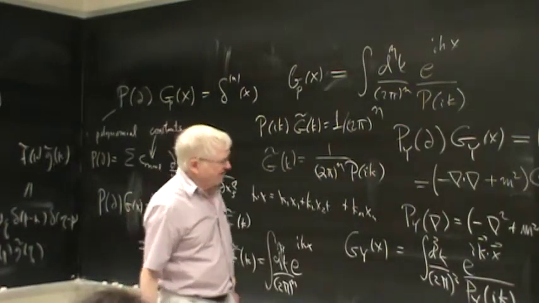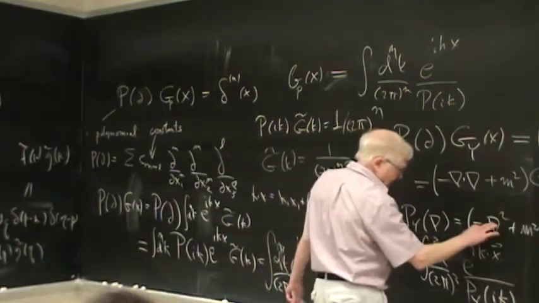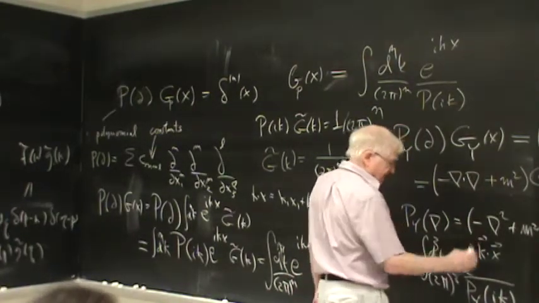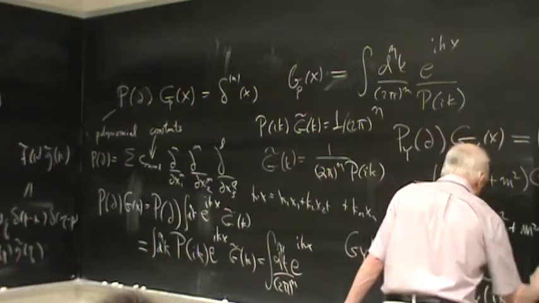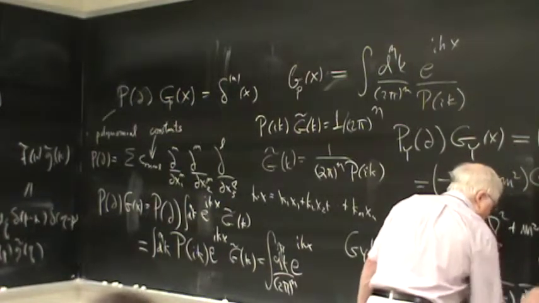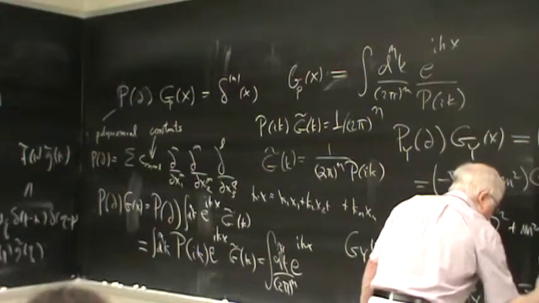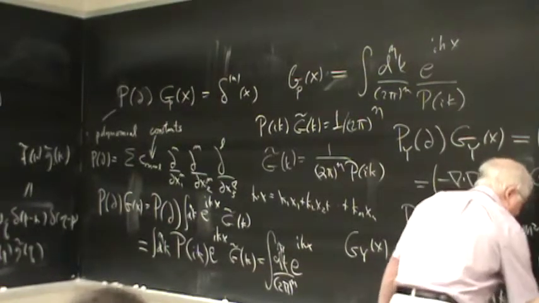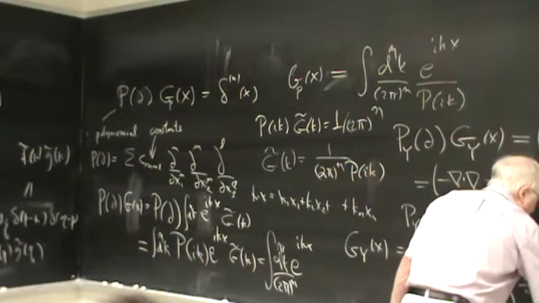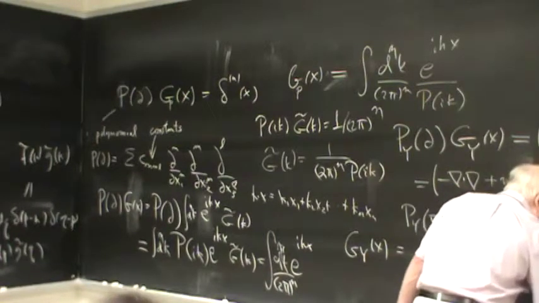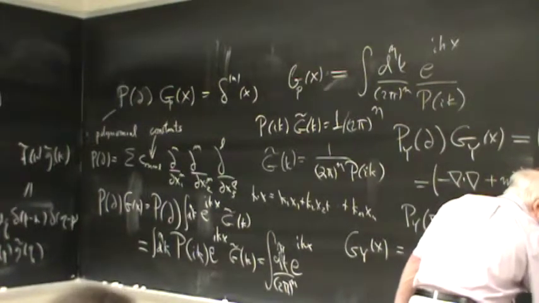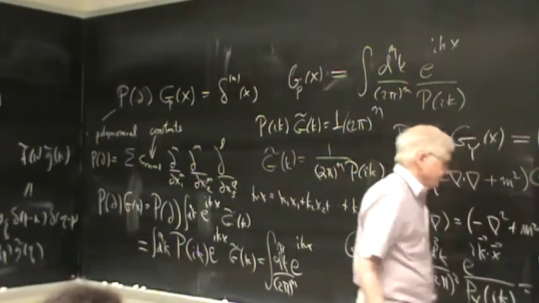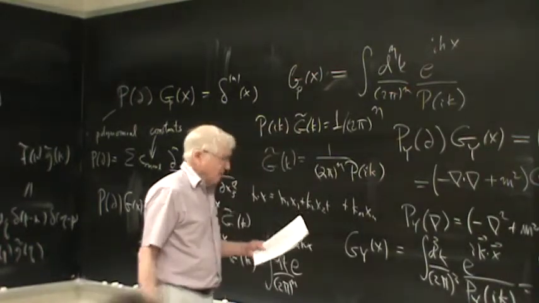Now P_Y of ik means that you replace grad by ik, but i squared is minus 1, so that gets rid of the minus 1. And so this is actually d cubed k over 2 pi cubed e to the i k dot x, over k vector squared plus m squared. So that's the formula.